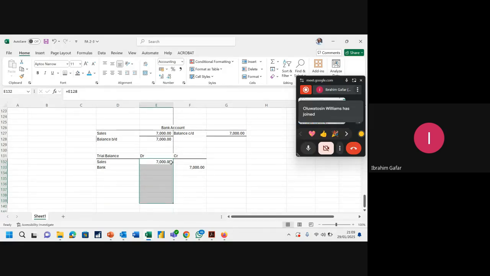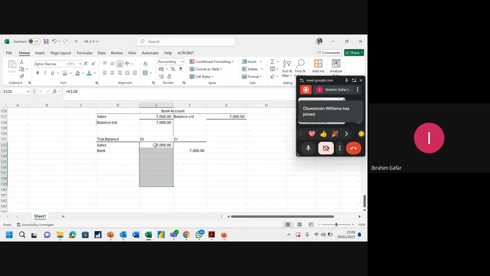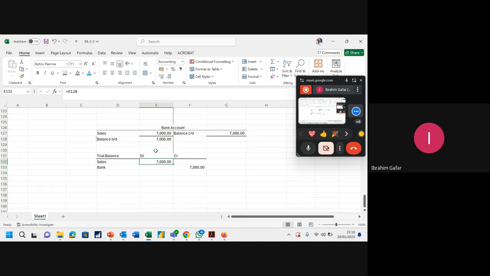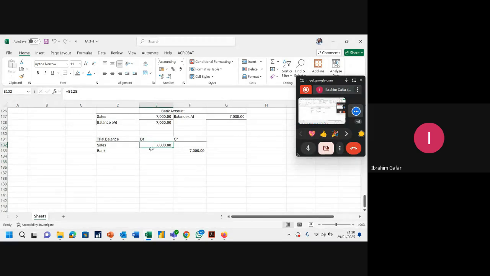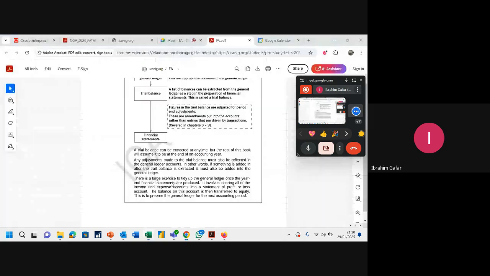Now, look at these sales. You have a sale of 7,000. You have a bank of 7,000. It means that in your balance sheet, your bank will be showing 7,000 naira. Your profit or loss, your sales will be showing this amount. So that's how it is built.